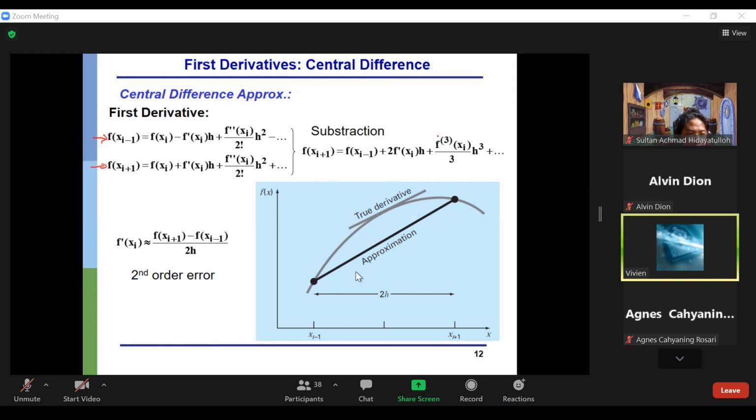The result here will be of h squared, so it means that this is second order error. So with central difference, we see here that the lowest accuracy will be second order, while for the forward scheme and backward scheme, the lowest accuracy is first order. Okay, so this is the difference.